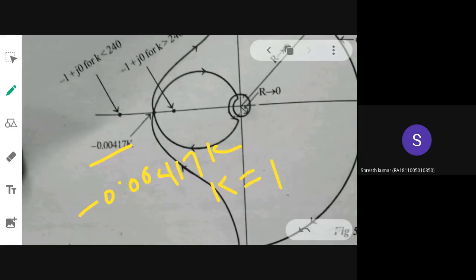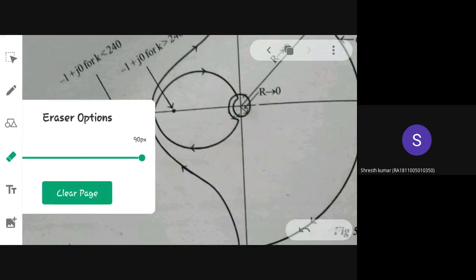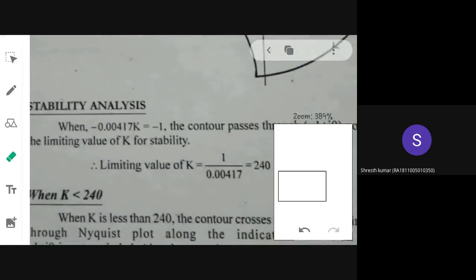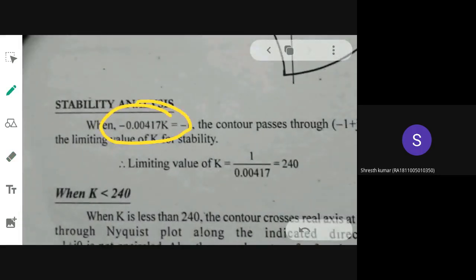And then you have to equate it to minus 1, because the encirclement point is minus 1 plus j0. So you have to equate the crossing point to minus 1 plus j0 and find out the K value. You are finding the K value, that is 240.